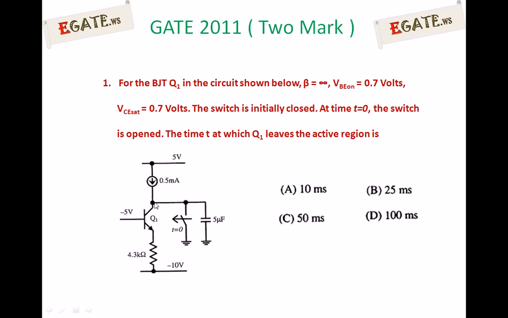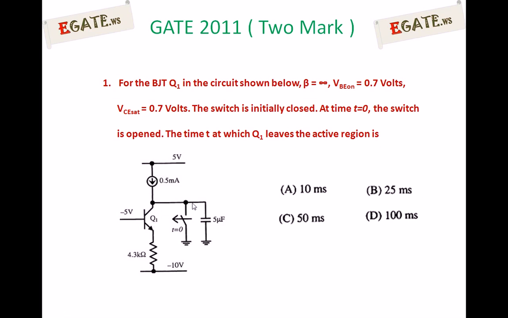So the current supplied by the 5 volts supply is going into ground. It is not going to the collector, not into the Q1 side, not into the capacitor side. So the capacitor voltage is going to be 0 and the Q1 transistor will not be in the on condition.